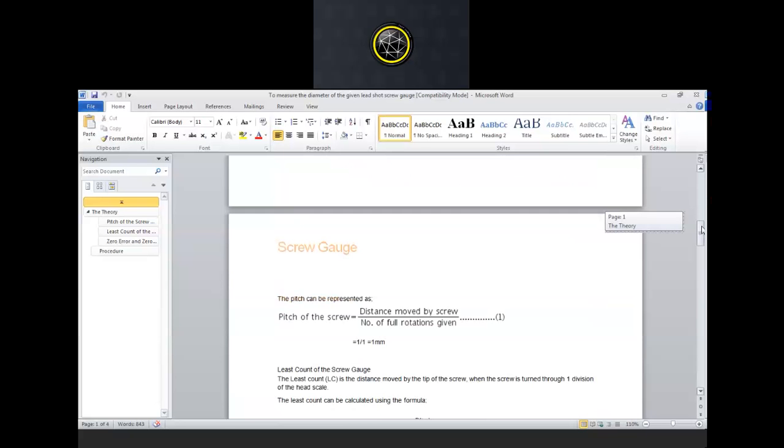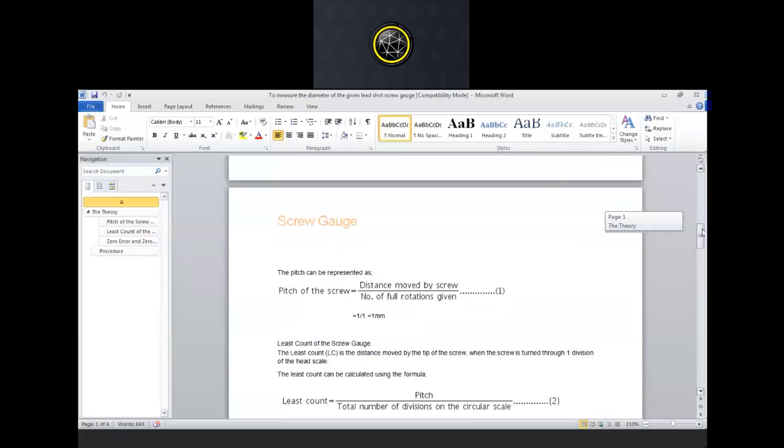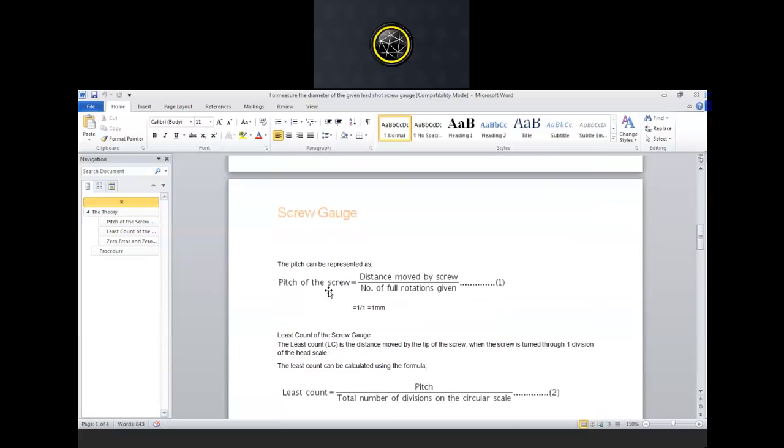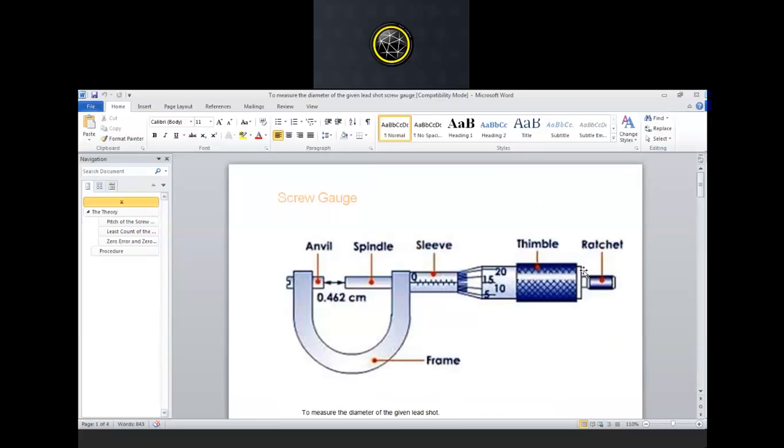Okay, what happened in the last class? That means about the pitch. Okay, what was pitch? It was the distance moved by the screw divided by the number of full rotations. That means complete rotation. If you rotate the thimble, it will move towards the zero. When the thimble is rotated, the thimble moves forward and backward along with the spindle, while the sleeve stays in the same place.